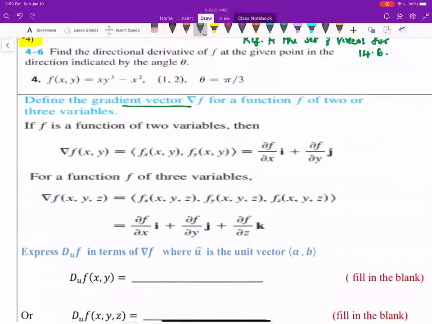Define the gradient vector del f, you pronounce it as del f, for a function f of 2 or 3 variables.